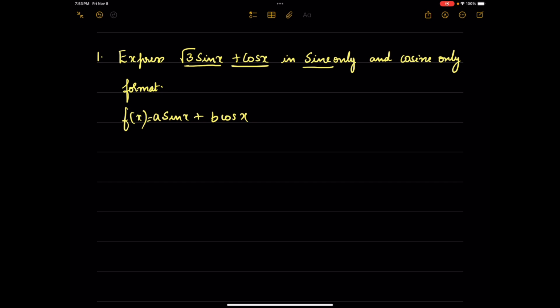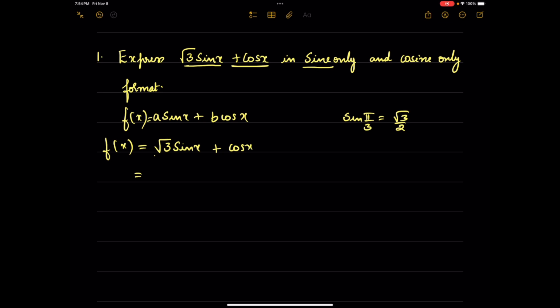So we have square root of 3 sin x plus cos x. This is f of x. Now to apply any trigonometric function of sine, let's observe what we can do here. We know that sine pi by 3 or sine 60 is square root of 3 by 2.